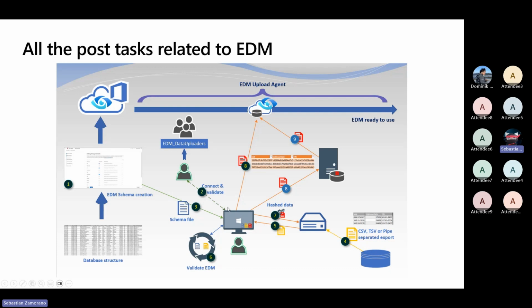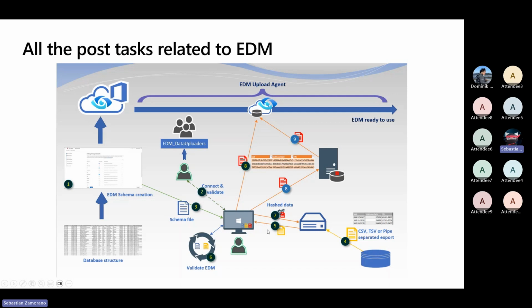After we connect, we can obtain the schema file based on the data store. I will explain that as well. Then we need a database that exports the information as CSV, TSV, or pipe. That means comma separated, tab separated, or pipe separated.